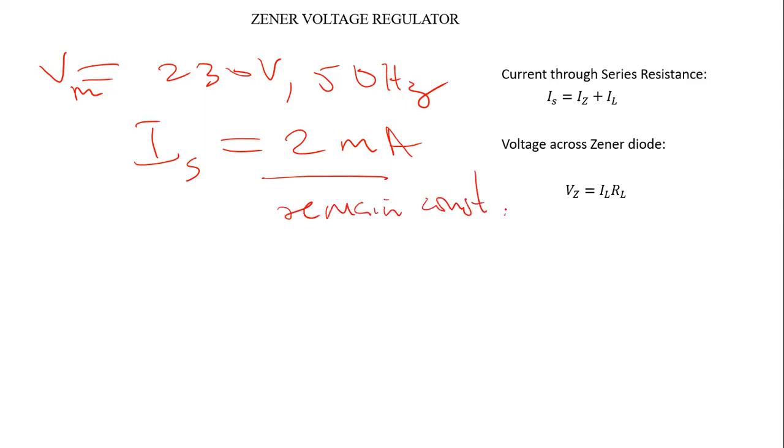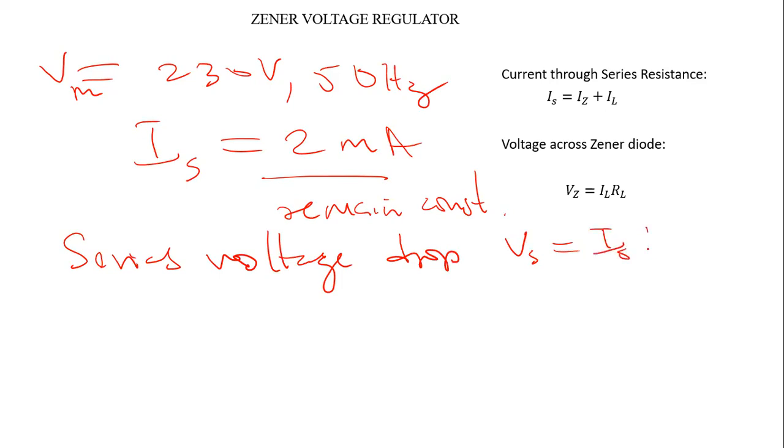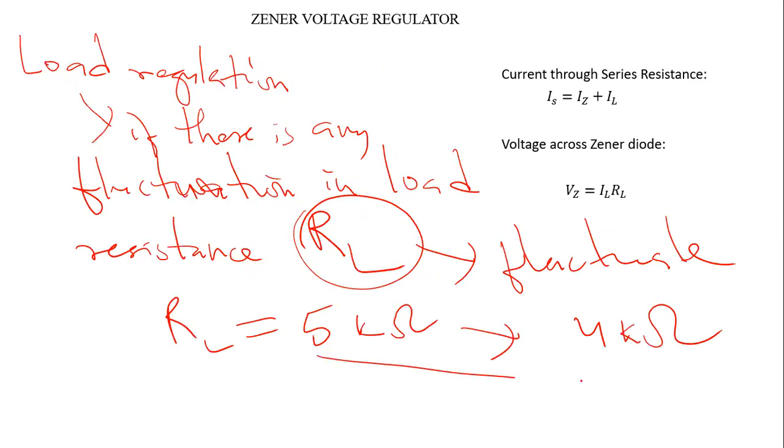Line fluctuation does not occur, so your series current will remain constant. Your series voltage drop, that is Vs equal to Is into Rs, also will be constant. It cannot change, right, unless you have a line fluctuation. So what changes we have here is your load resistance drop.